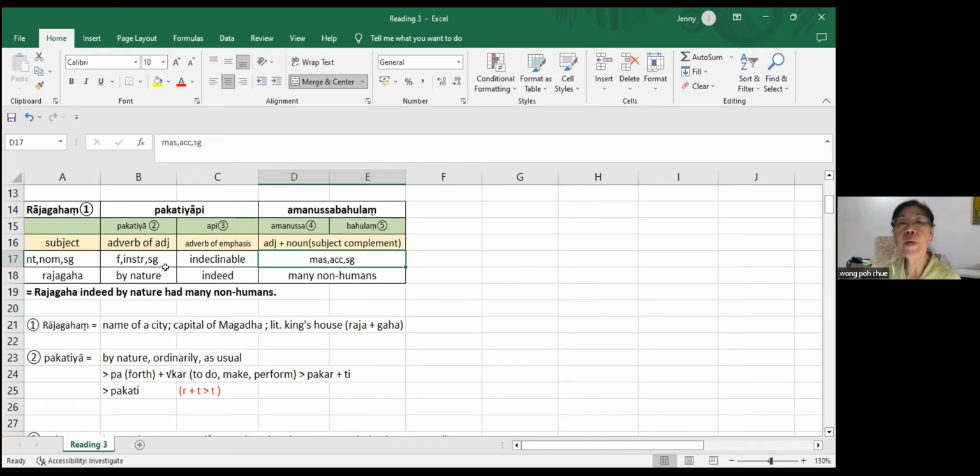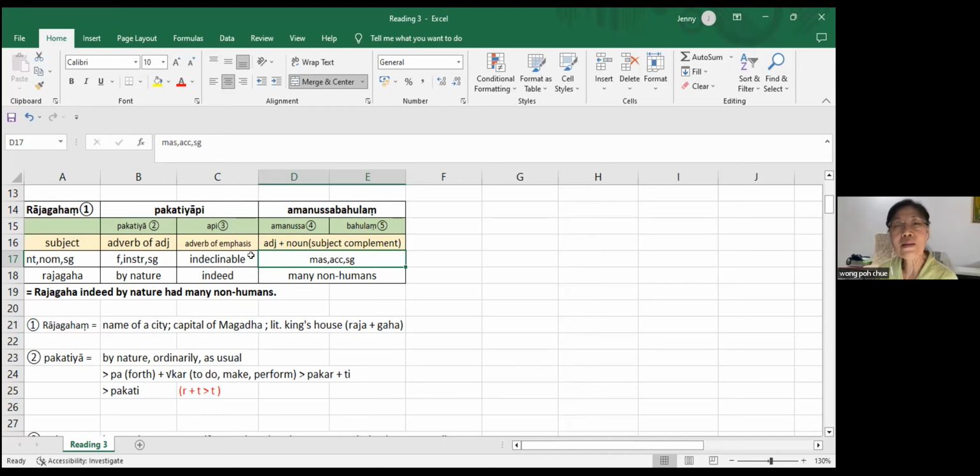And api is the adverb of emphasis, emphasizing the place.